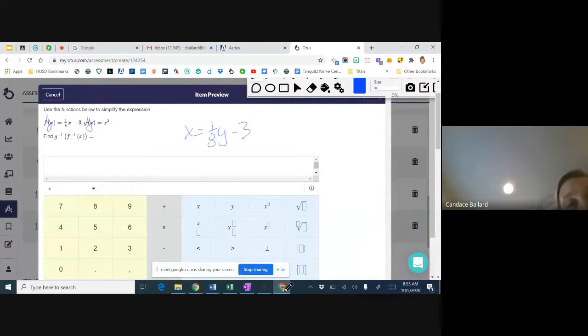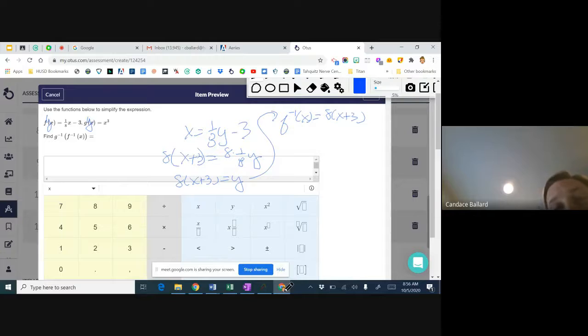So we switched our x's and our y's. I'm going to add the 3, so x plus 3 equals 1/8 y, and then multiply by 8 on both sides. So it's parentheses on the left side: 8 times x plus 3 equals y, which I could rewrite as f inverse of x equals 8 times x plus 3.